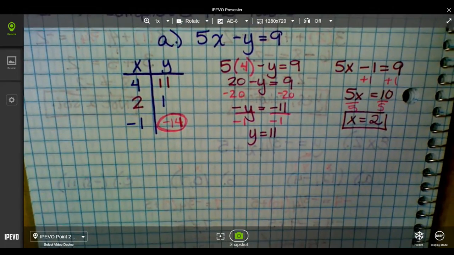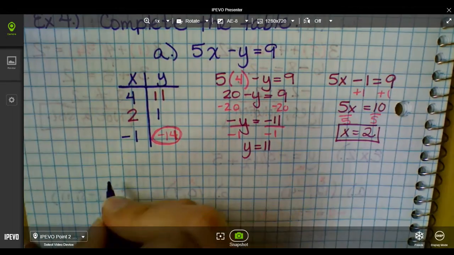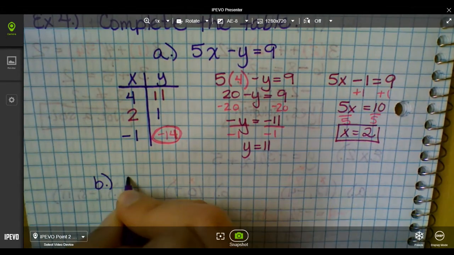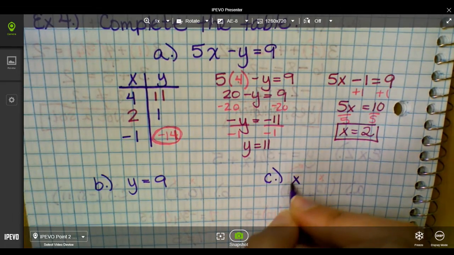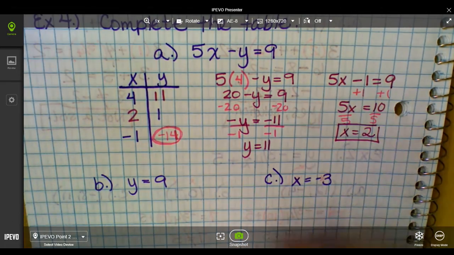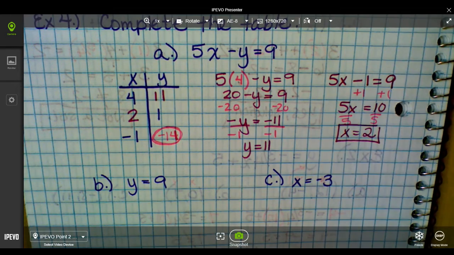Let's go to a different type of equation. So, what if I give you equations that look like this? Y equals 9 and x equals -3. Hopefully, what you are thinking as you are looking at these two equations is 6 letters should always pop into your head when you have one variable equals one number, and those are BUCKS HOY.